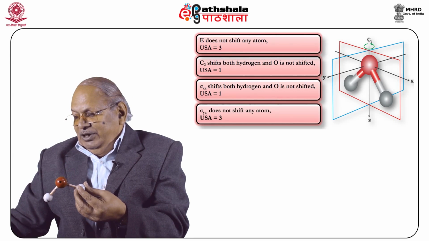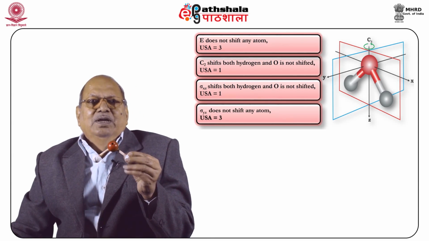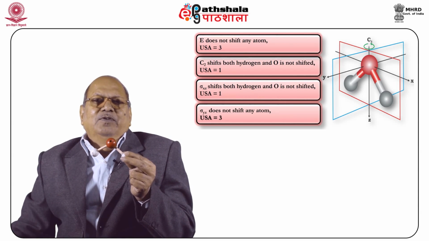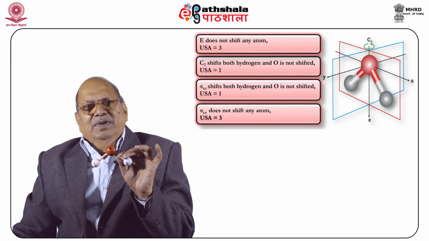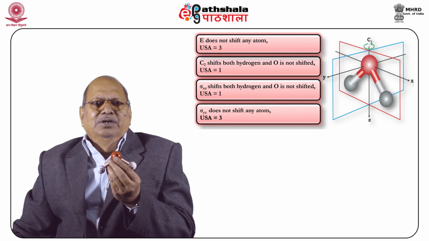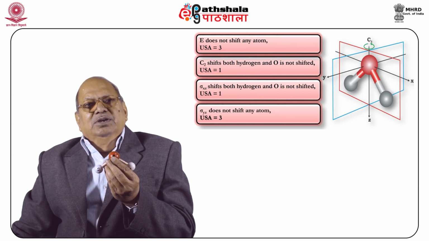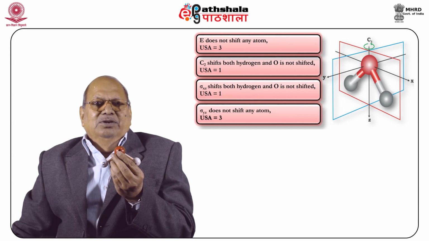So by performing the symmetry operations corresponding to the water molecule, what have I learned? By performing the E operation, all the 3 atoms remain the same. By performing the C2 operation, only one atom is unshifted. By performing sigma yz, all the 3 atoms are not shifted.